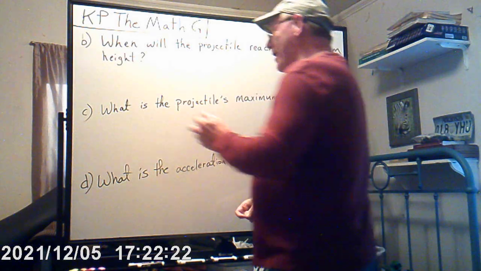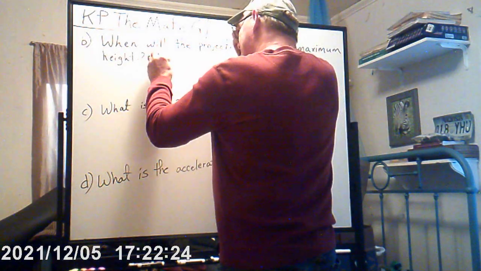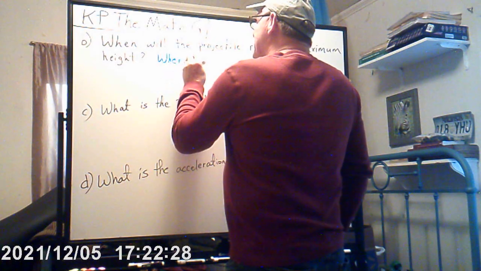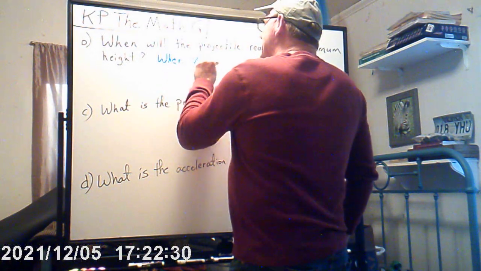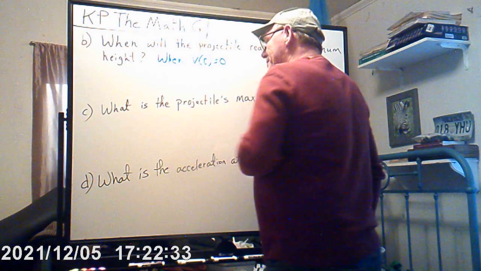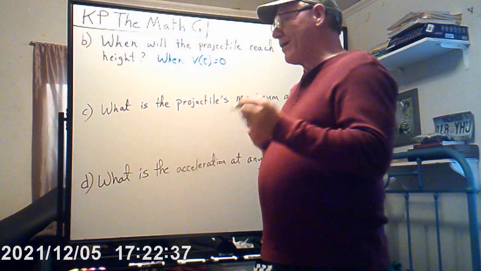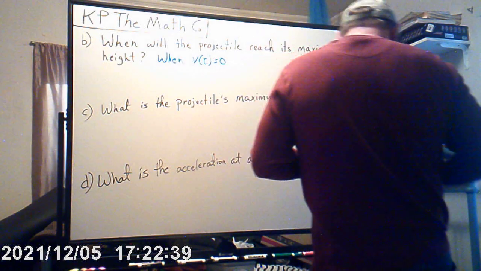So this is when v at t equals 0. Now I have to go back and see what v was on the last problem.